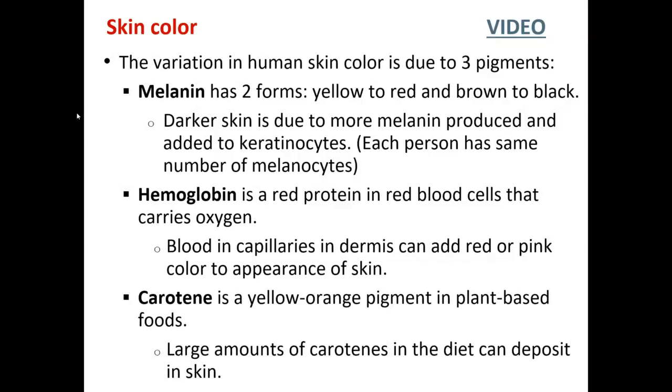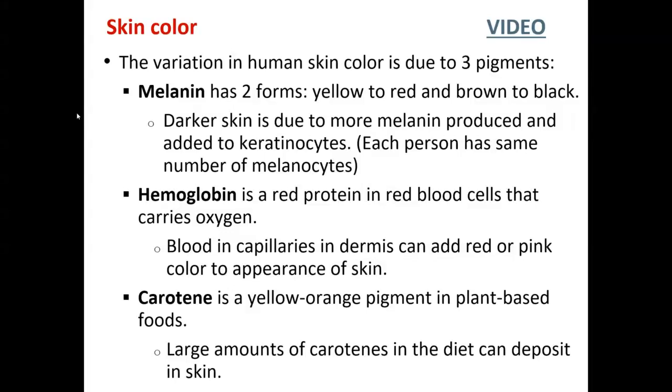Another thing that can affect skin color, hemoglobin, that's the red protein in red blood cells. That's what makes blood red. Hemoglobin has iron in it, makes it look red. And some people who have blood vessels very close to the surface of the skin, it can affect the color of their skin, make their skin look reddish or more red or pink.